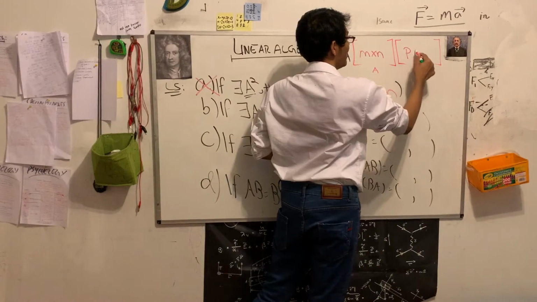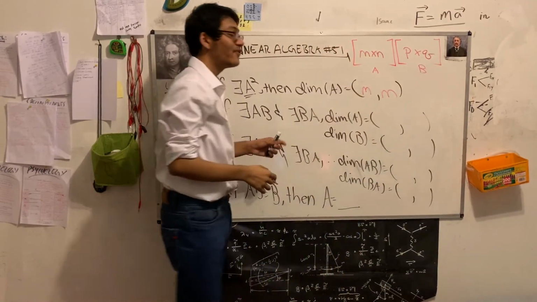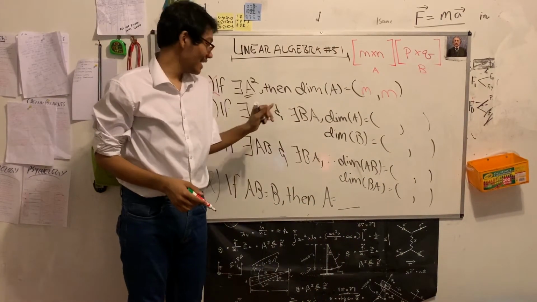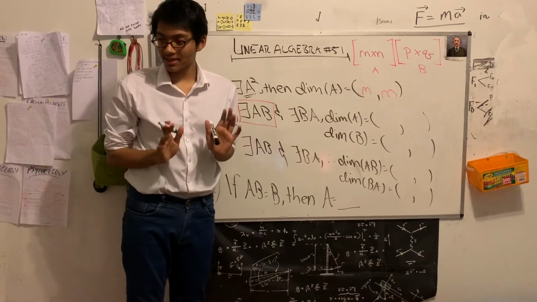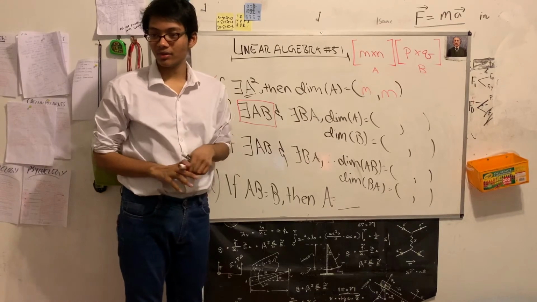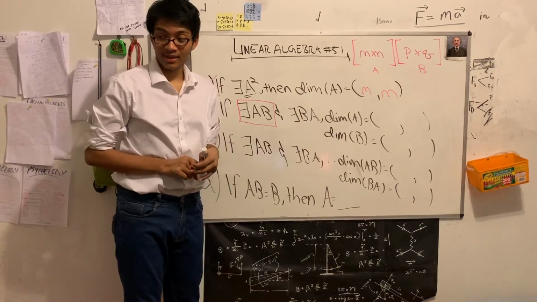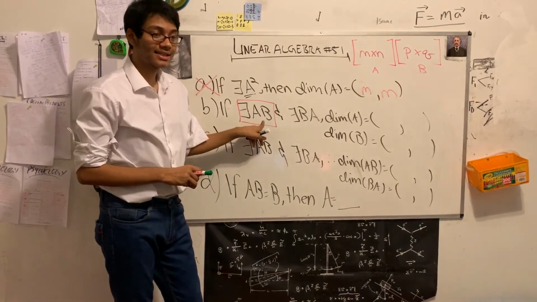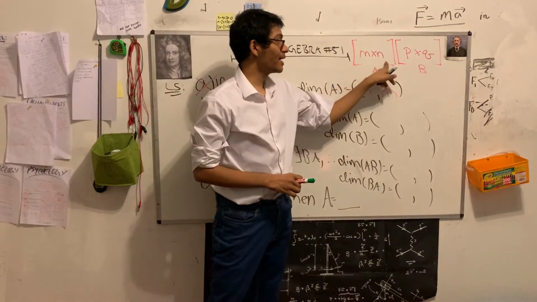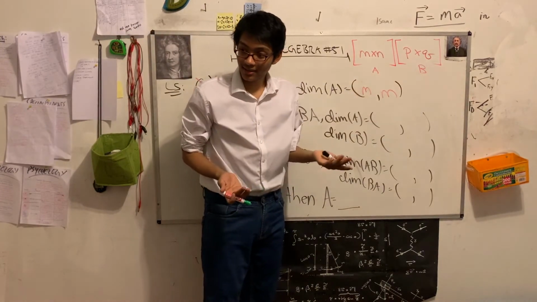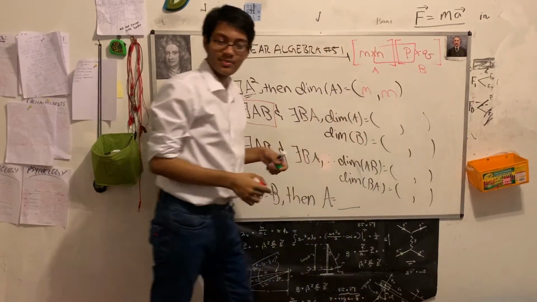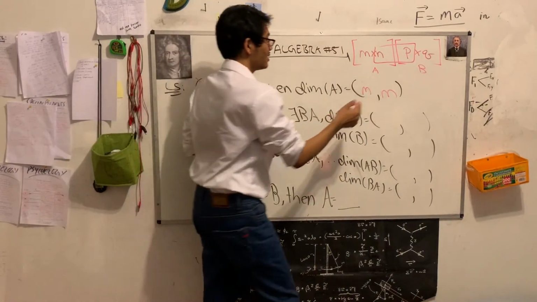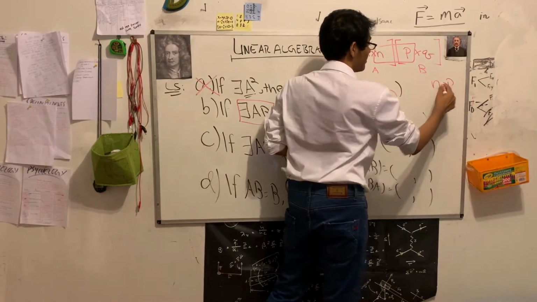Let's say it's P by Q. Well, if I know that the matrix AB exists, what must be true? If A is M by N and B is P by Q, then N is equal to P. Do you see that? N is equal to P.